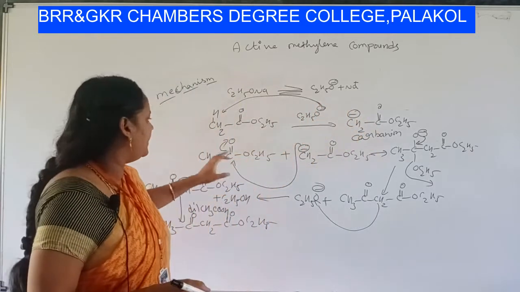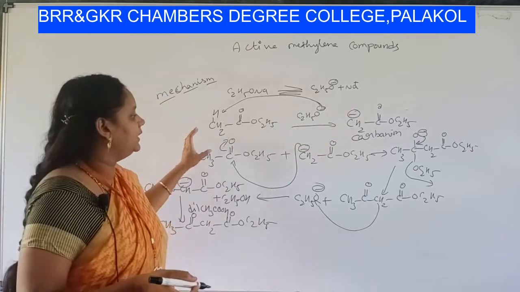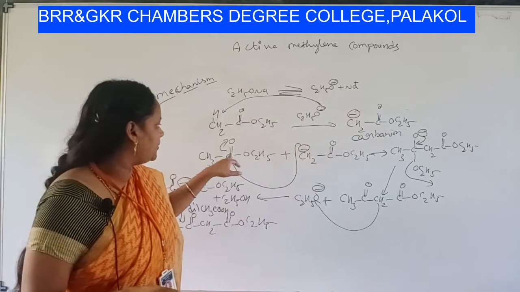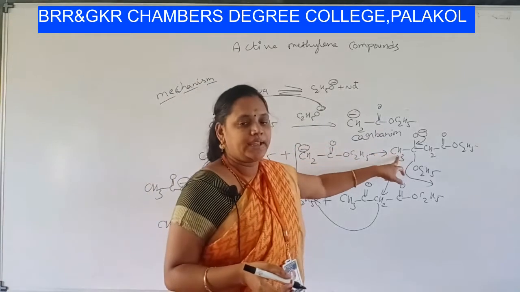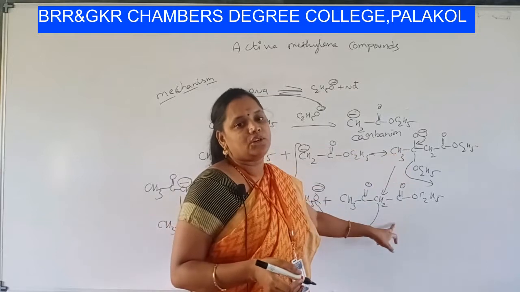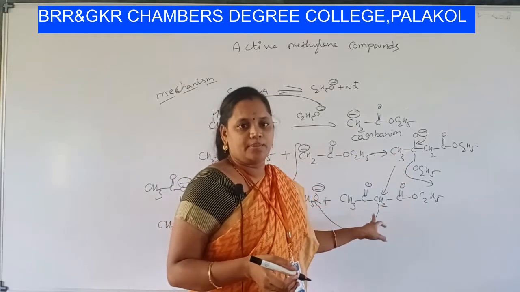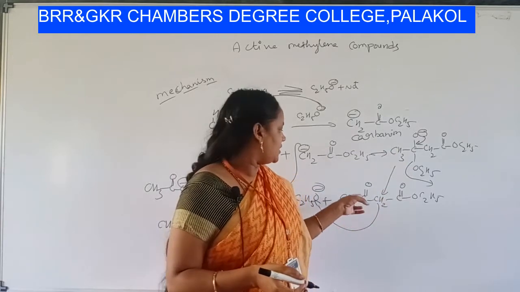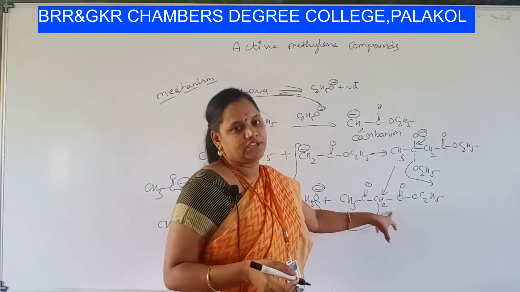In the next step, we take the second mole of ethyl acetate and treat it with the carbanion. The carbanion attacks the carbonyl group of ethyl acetate to form an intermediate. Again, from this intermediate, the C2H5O minus ethoxide ion is released and the product is formed. But in this case, the product is not stable because the ethoxide ion readily takes up the proton from the active methylene group CH2.